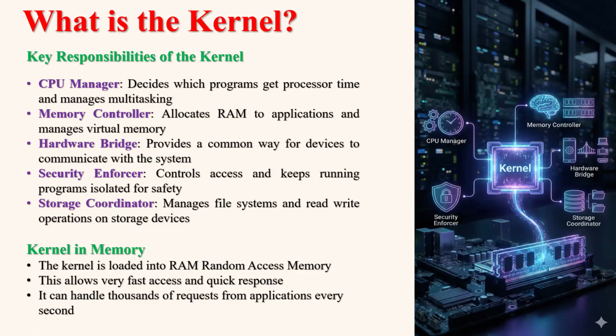It enforces security. It keeps programs separate so that one program does not harm another. It also coordinates the storage operations. Reading and writing files happens through the kernel. The kernel is loaded in RAM so that it can respond very quickly. Because of this, it can handle thousands of requests every second. So we understand now why the kernel is the heart of the operating system.